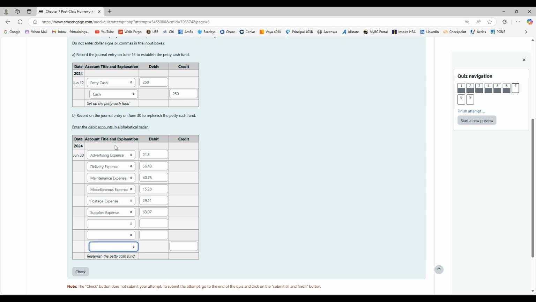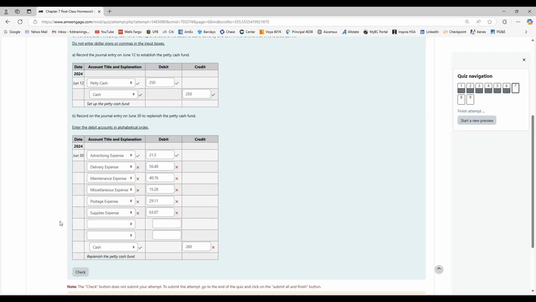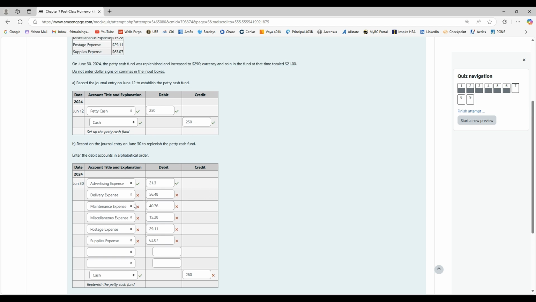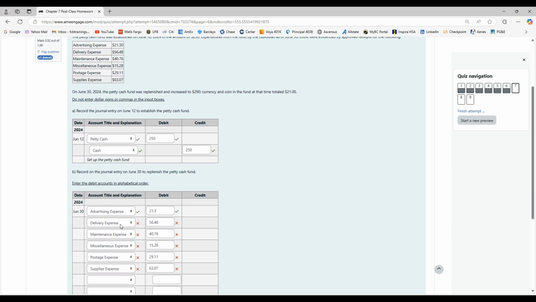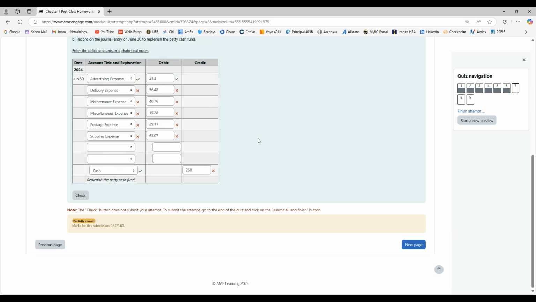Sometimes we do this cash over and short if we have an amount that we can't reconcile, but I think, why is this not working? Oh, that's annoying. I've got to enter them in alphabetical order. Why is that not working? What the heck?